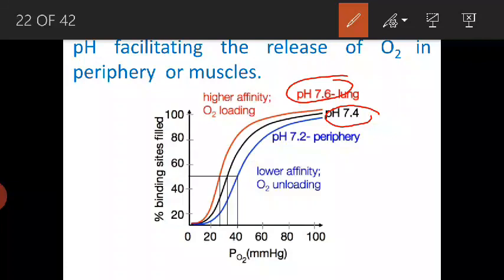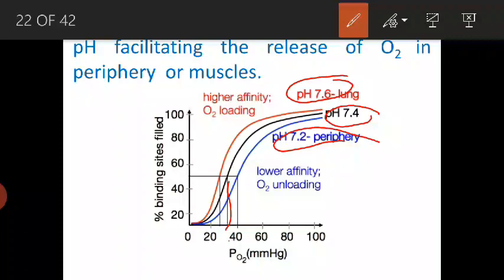Whereas for the second one, that is green curve, in which the pH is 7.4, the half saturation point is around 32, whereas for the last one, that is pH 7.2, the lowest one, in blue color, the half saturation point is at a partial pressure of oxygen of almost 40 millimeters of mercury. That indicates the affinity for oxygen decreases with decreasing pH.